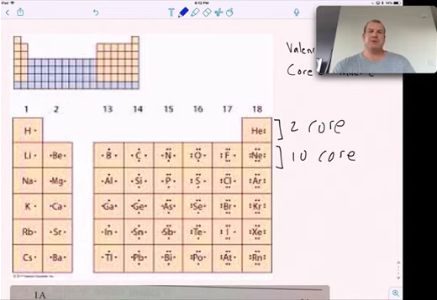The absolute truth is the reason why things bond together is that they're lower energy. And the energy levels that they form, if you look at the interactions between the electronic and magnetic field of the nuclei and the electrons, as they interact, they'll form new molecular orbitals, and then the electrons will populate those orbitals.